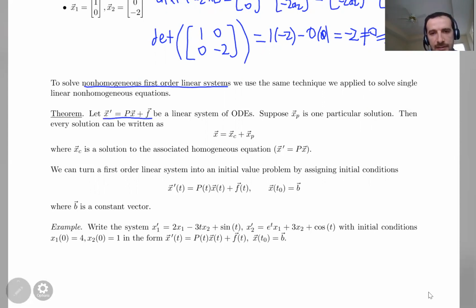Let's say this is a linear system of ODEs. Suppose x sub p is one particular solution. Then every solution can be written as, you remember, x sub c plus xp, where x sub c is the solution of the associated homogeneous equation, all right? So this, again, as I said, is very similar to the one equation case.